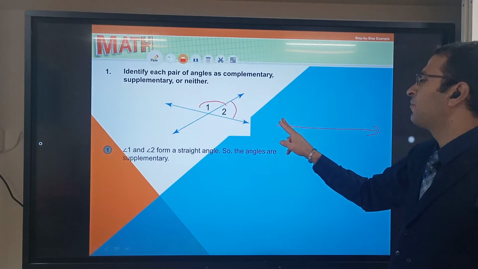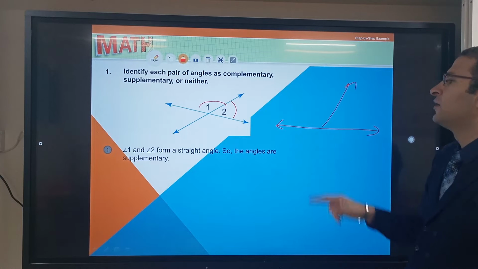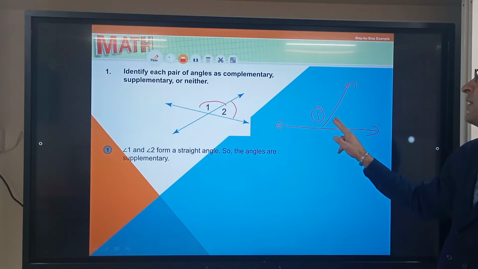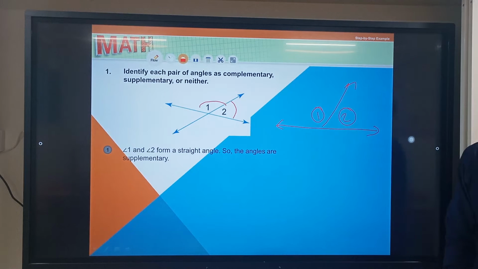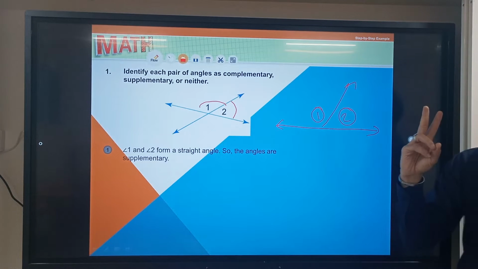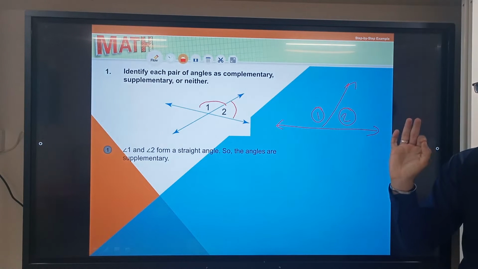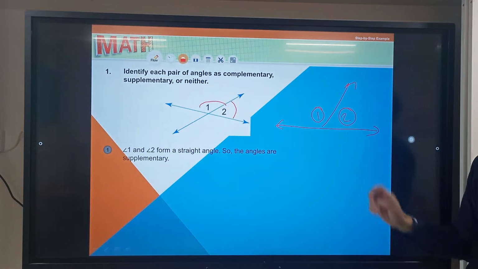If you have a straight line intersecting with a ray, then angle 1 and angle 2 are supplementary angles. Supplementary means a couple, a pair of angles. Take care about this, we must have two angles, and the sum of them is equal to 180.